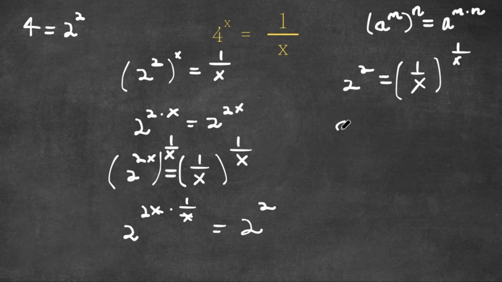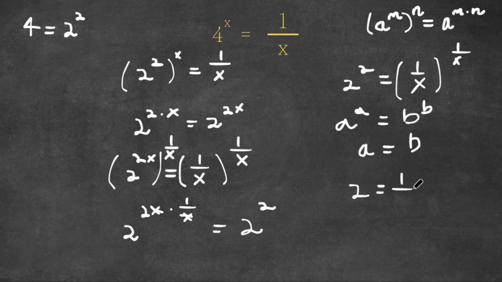And now if we have something in the form a to the power of a is equal to b to the power of b, then this means that a is equal to b. So in this case, this means that 2 is equal to 1 over x. Now we have a simple equation here. I'm going to multiply both sides by x.